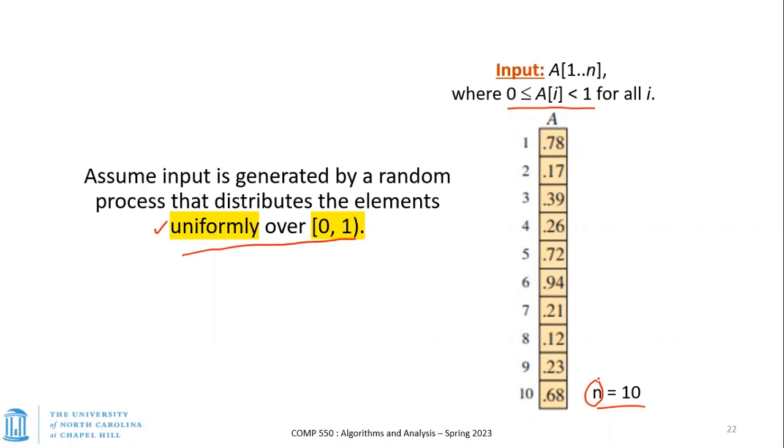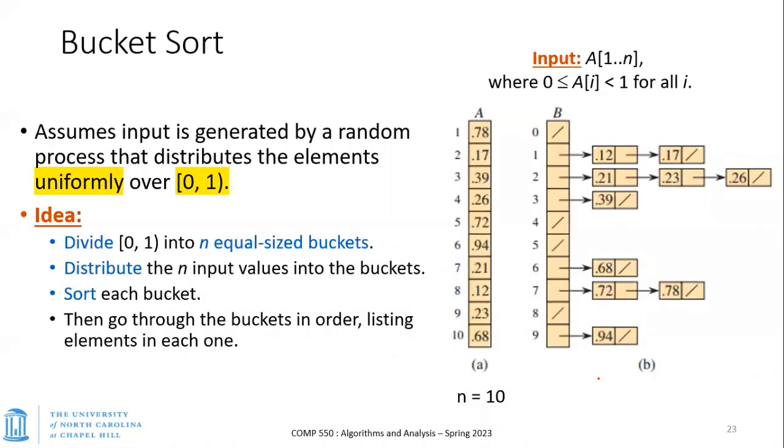As you take the original numbers and put them into buckets, those buckets need some array space. So you're going to use a lot of additional space, an amount which is theta of n, or at least order of n.